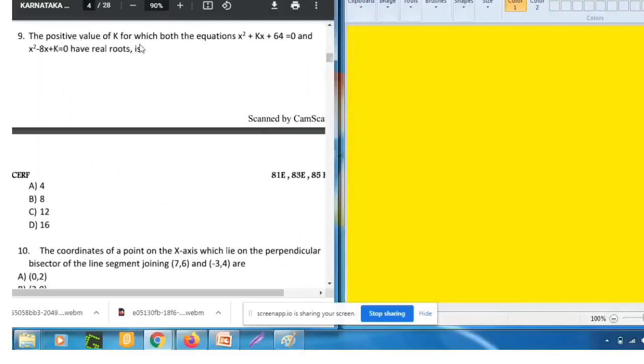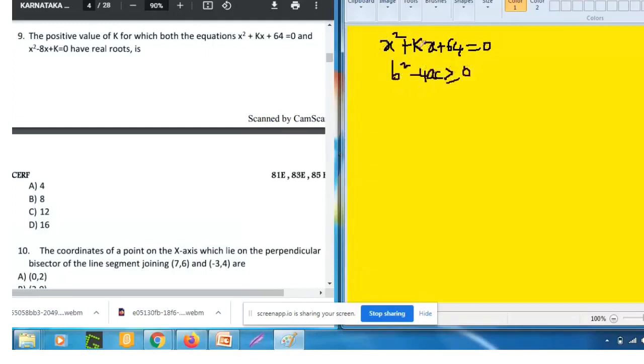The positive value of k, for which both the equations x square plus kx plus 64 is equal to 0 and x square minus 8x plus k is equal to 0 have real roots, is. So we have to find the value of k in these equations. For a quadratic equation to have real roots, the discriminant must be greater than or equal to 0. The first quadratic equation is x square plus kx plus 64 is equal to 0. We all know that the discriminant b square minus 4ac is greater than or equal to 0.